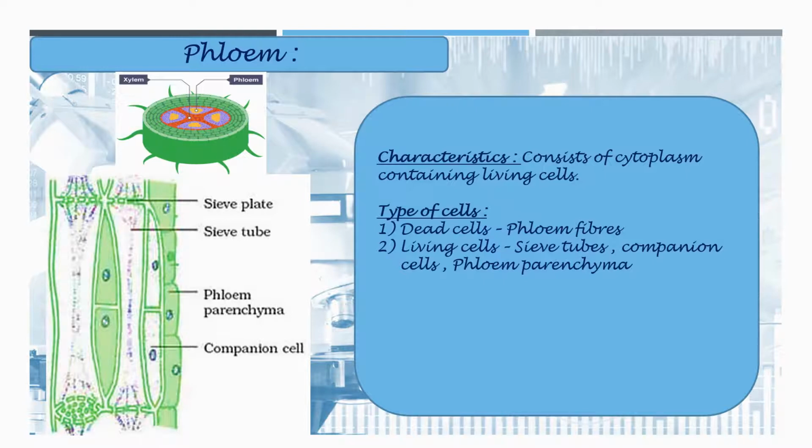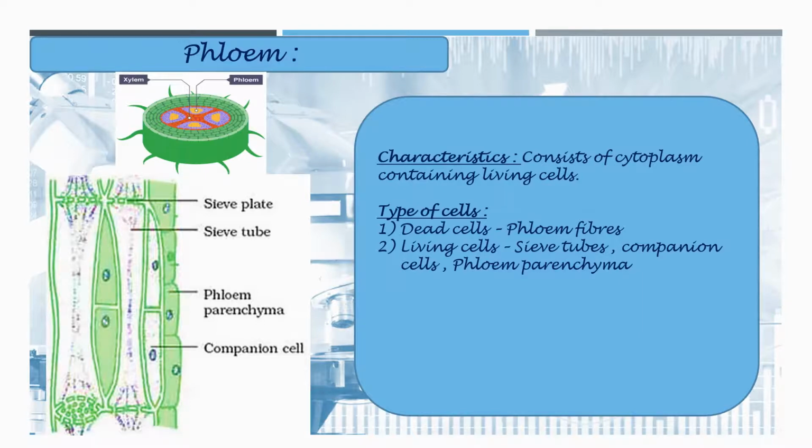Sieve tubes are also made up of many cells called sieve tube elements or sieve tube members. Sieve tube elements are long tube-like structures that are arranged longitudinally. These are thin-walled living structures having cellulosic cell walls. A mature sieve tube element possesses cytoplasm and a large central vacuole but lacks a nucleus.